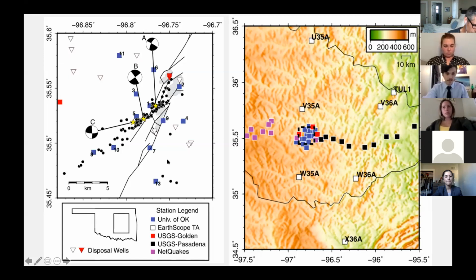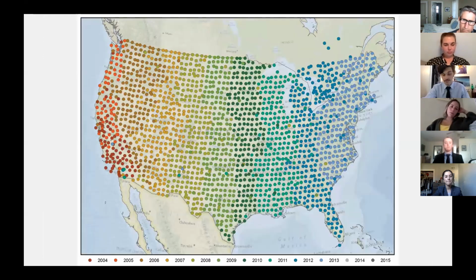They collected data from different stations like the University of Oklahoma, EarthScope TA, the United States Geological Survey, and Netquakes. I thought the EarthScope TA is pretty cool because it's an array of seismometers all across the United States, and that also includes Alaska and Hawaii.